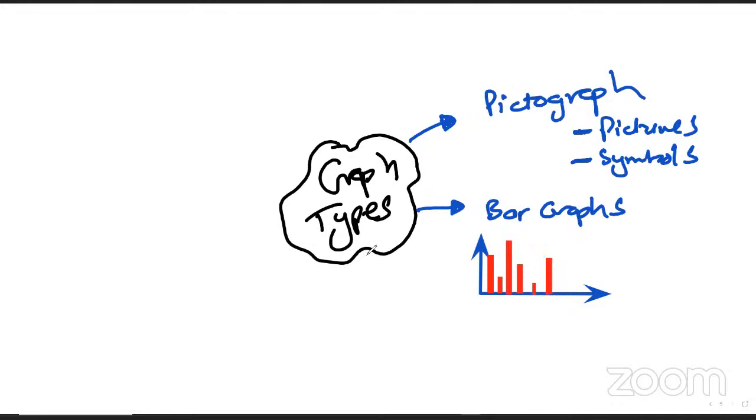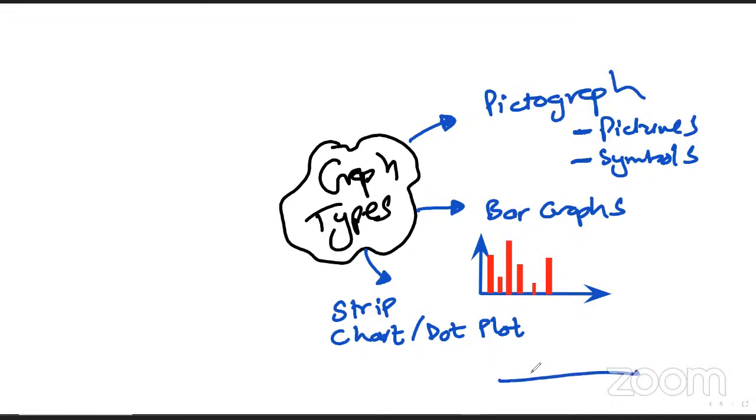And then you have the next one, which is your strip chart. The strip chart is also known as a dot plot. And a dot plot uses dots or points to represent data. So a dot plot, for example, would mean that you're just going to provide dots on a line.